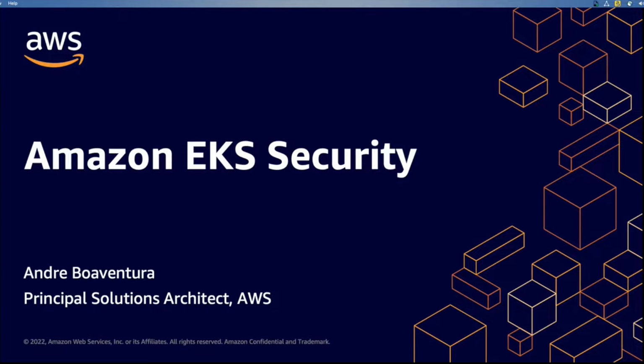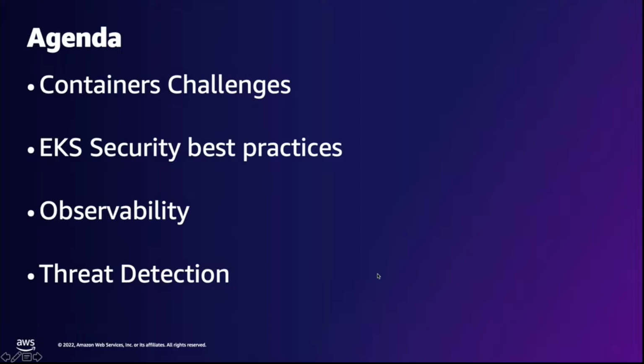And then I have the following agenda where I'm going to cover basically four major points in order to be successful. So we are going to get started with some of the container challenges. We're going to explain things we usually see while working with our customers and how to properly tackle them for a successful adoption.